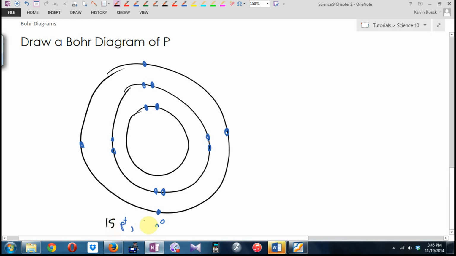How many neutrons? 16. How many electrons? First of all, still the same row, so it's still going to be 3 shells, right? And it's still going to have 2, right? It's still going to have 8, right? How many electrons now in the outer, in the valence shell? Count.